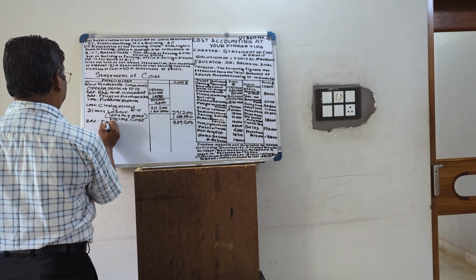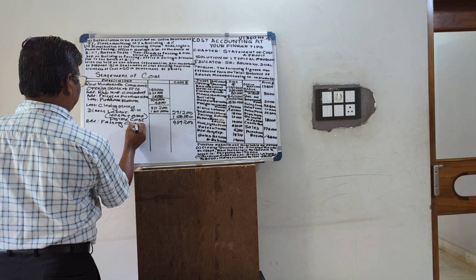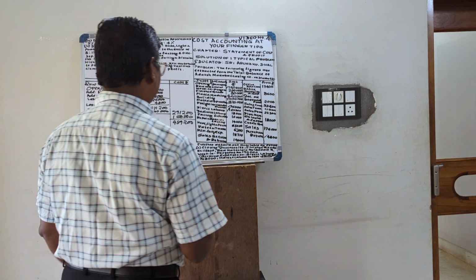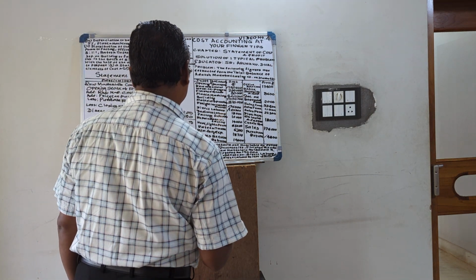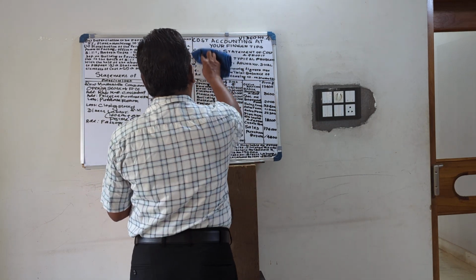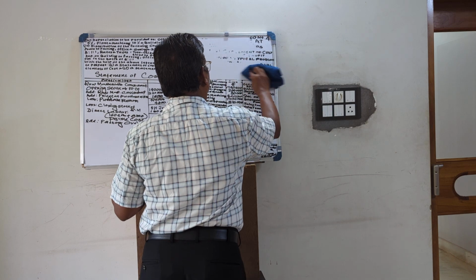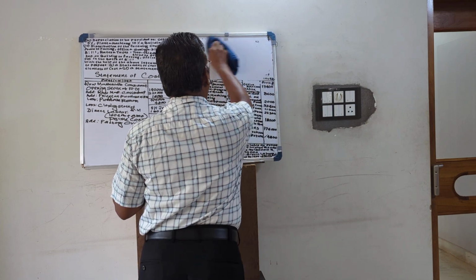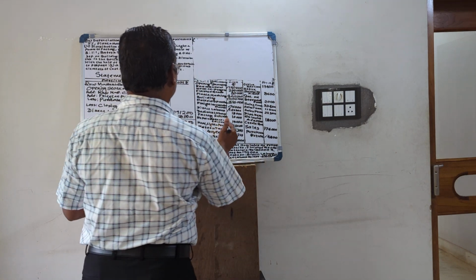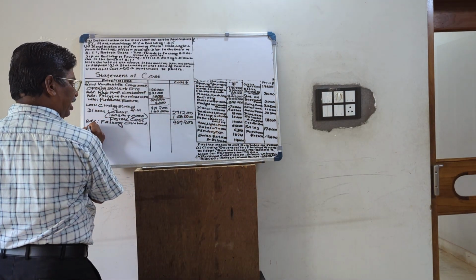Add factory overhead or factory expenses, all expenses related to factory. So all expenses related to factory are here. First, indirect labor 18,000.